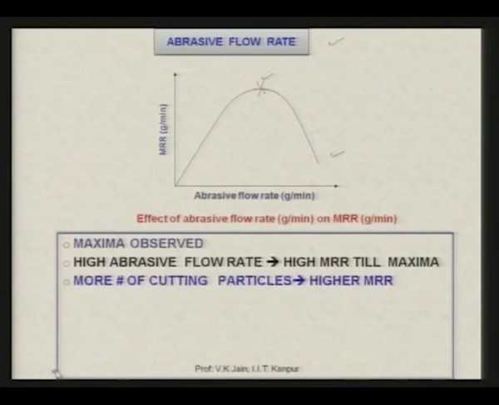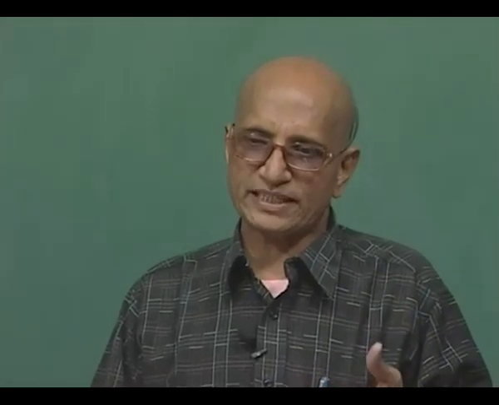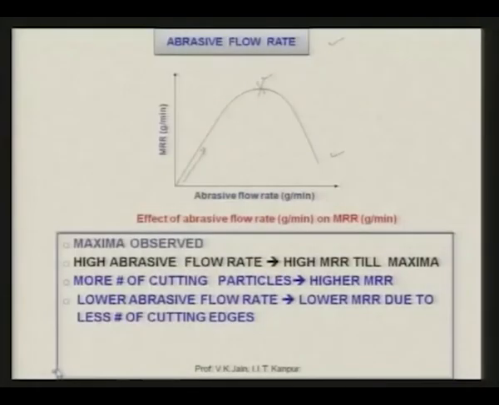Once more number of cutting particles are there, as you keep increasing the flow rate, the number of abrasive particles that are removing the material or cutting the workpiece material keeps increasing. As a result of that, you can see material removal rate is increasing up to the maxima. With lower abrasive flow rate, you will get lower material removal rate due to fewer cutting edges.